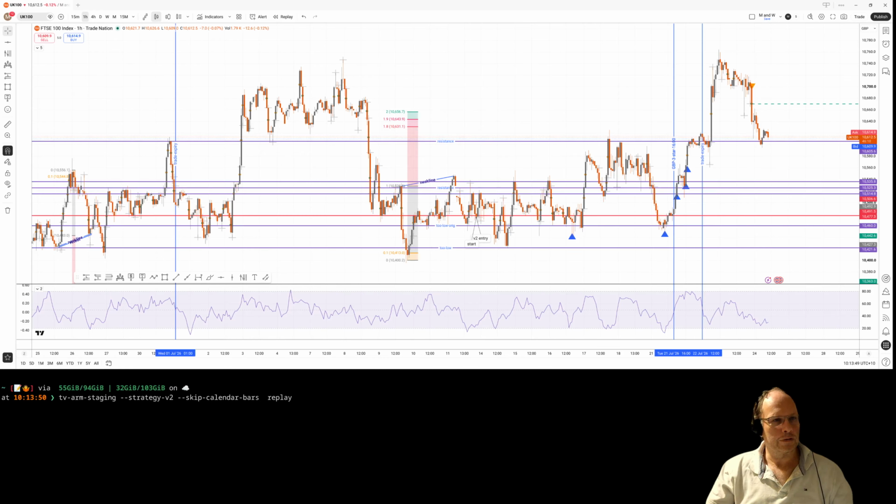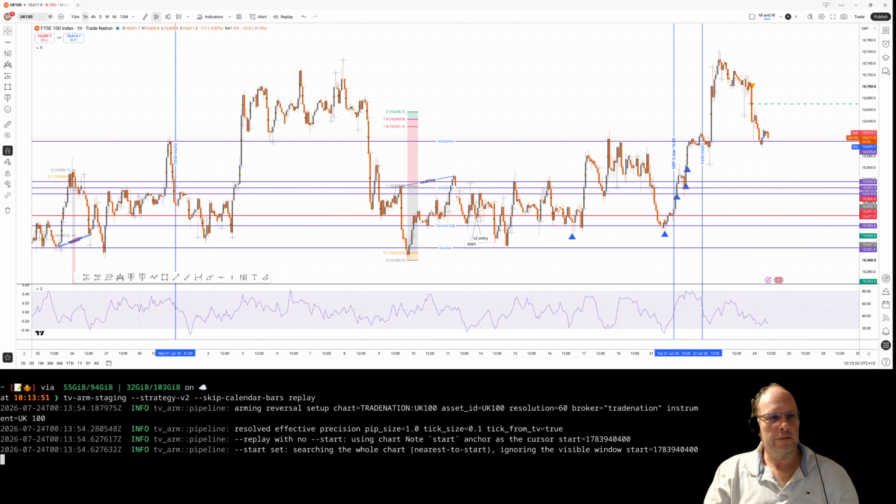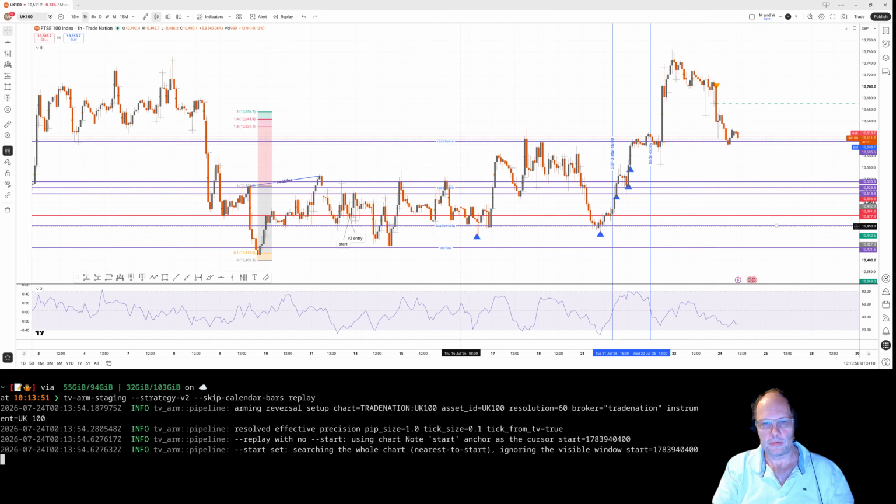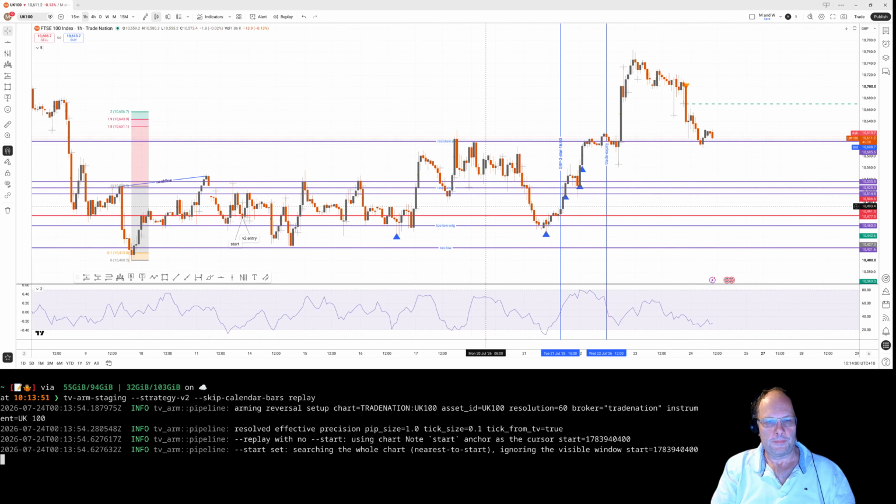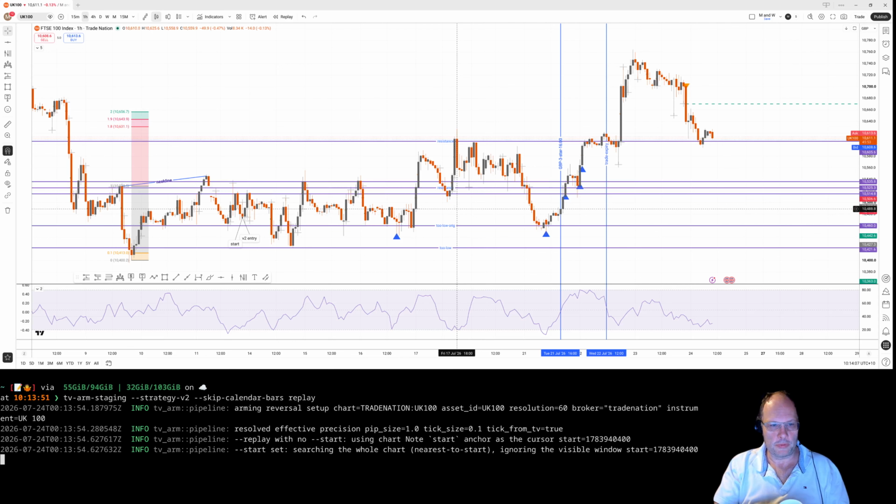So I'm going to replay it again with skip calendar bars. So now it should draw in all the bits. Let me just delete that line. So it won't do news blockouts now.